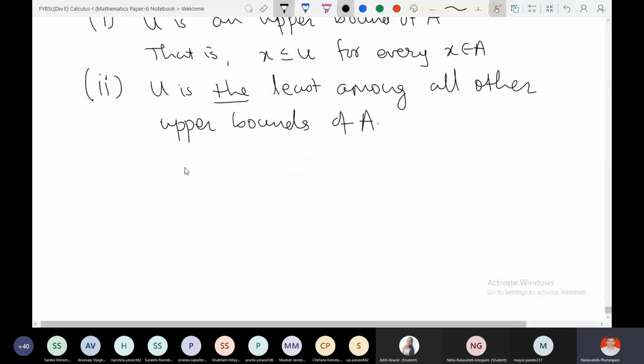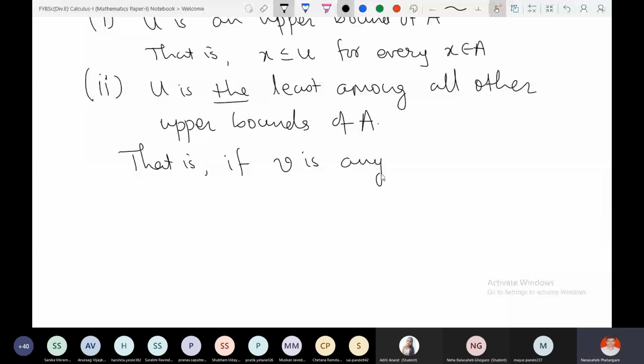That is, if V is any other upper bound of A, then what can you say? U is an upper bound, and U is the least; V is also an upper bound. So then U is less than or equal to V.